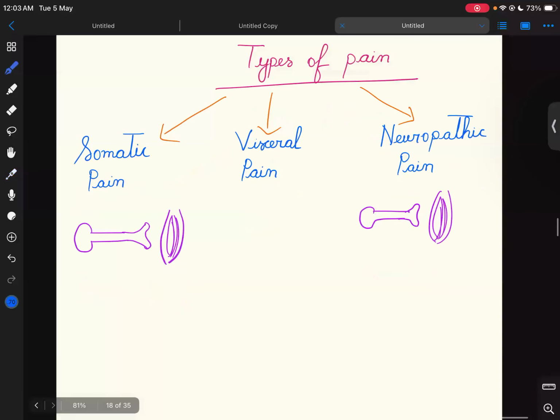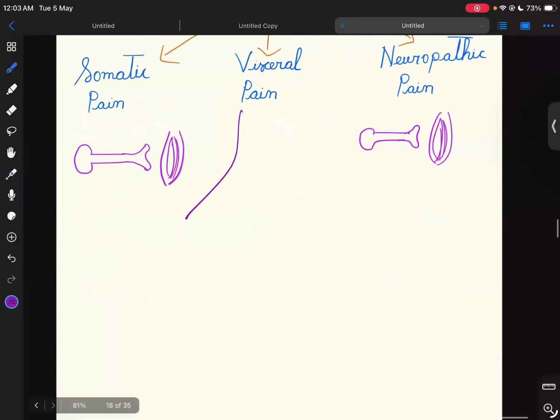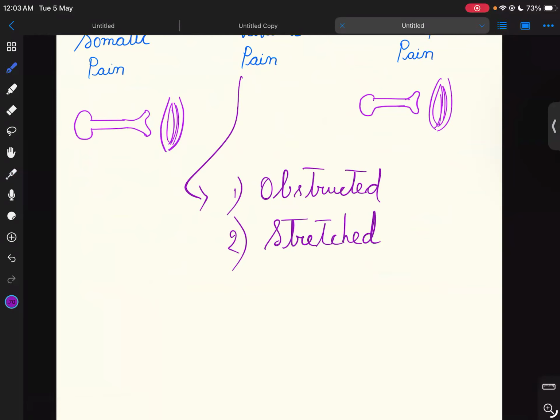And the viscera can create pain in 5 conditions. One is whenever it gets obstructed. It can cause pain whenever it is stretched. Like there is a capsule over each viscera, and whenever this capsule gets stretched, then it can cause pain.